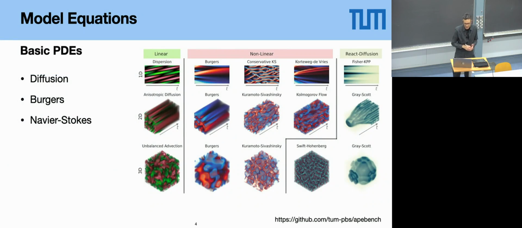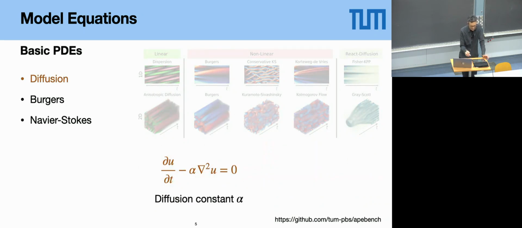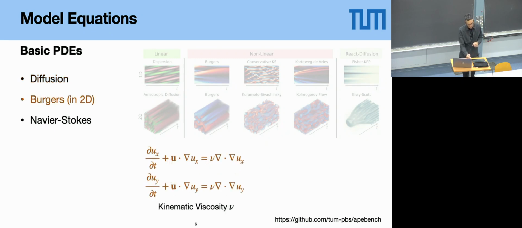I do want to, in this context, briefly mention typical physical equations. Also, because we want to keep it a bit general, we look at fluid-like problems, but mostly simplified equations. So you can categorize these a bit here. You can find different 1D, 2D, and 3D examples. And just to mention a few common ones, there are very basic linear PDEs like diffusion, kind of blurring processes. Burgers' equation is a nice, a bit more advanced model that's including some nonlinearity going towards fluids.